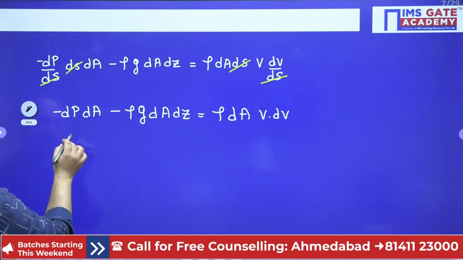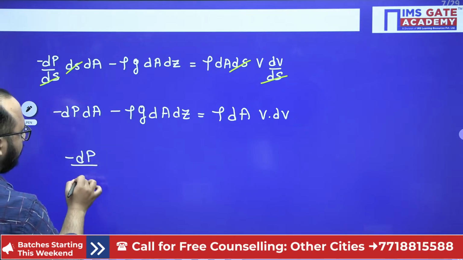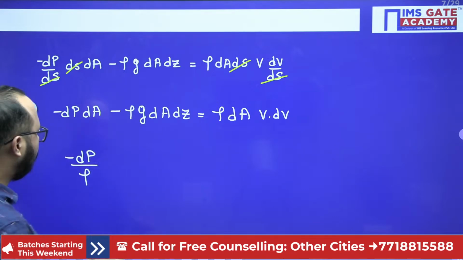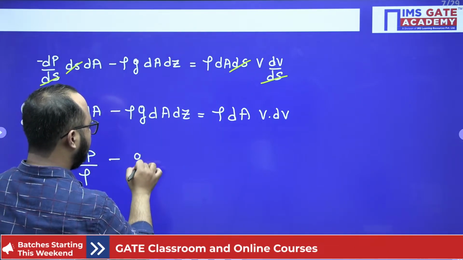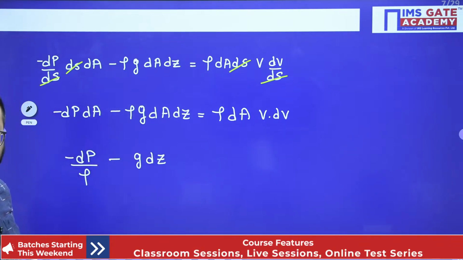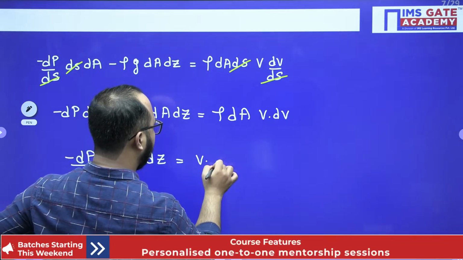Tell me. So it will be minus dp divided by rho, because the dA is already there, minus g dz, because rho dA is already there, so it will get cancelled out, equals v dv.